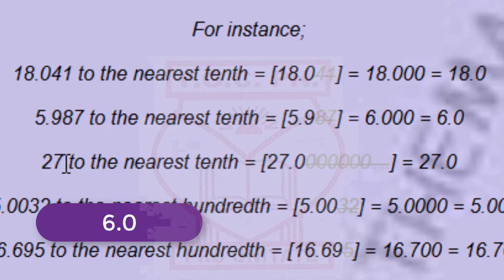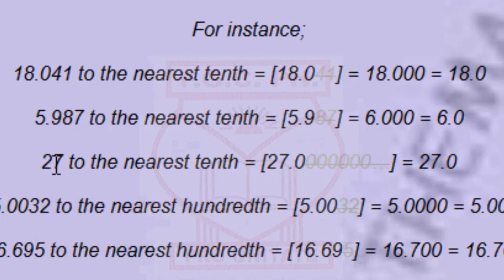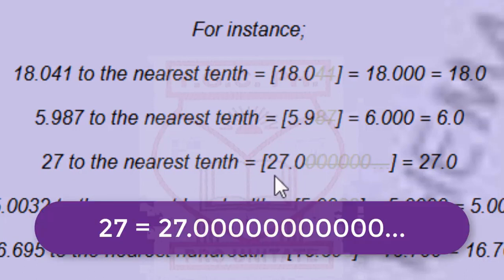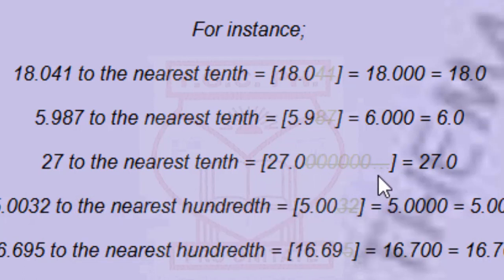And then also 27 to the nearest tenth. Quite impressive to know that 27 as a whole number is not alone. 27 as a whole number actually could be expressed as 27.00000000 as much as you can represent.